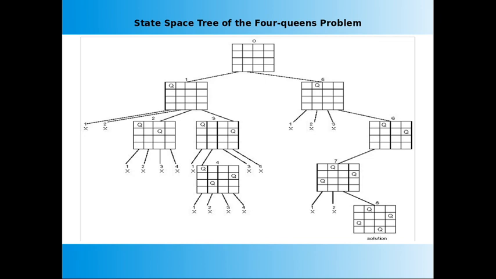It draws the state space tree for a 4 by 4 matrix, and we insert 4 queens in such a way that no queen is under attack, and we get only one solution. There are 2 solutions for this problem, and we will discuss them in the next classes. This is the state space diagram of the 4 queens problem.